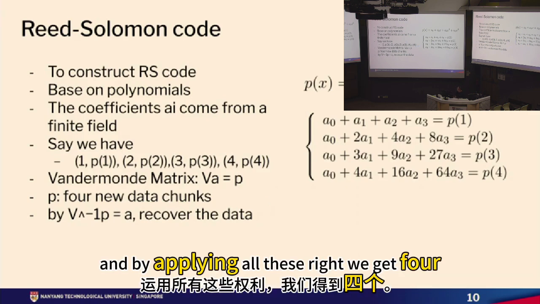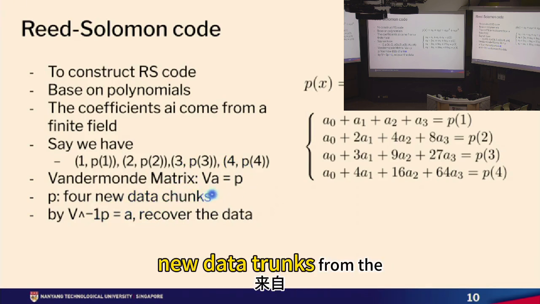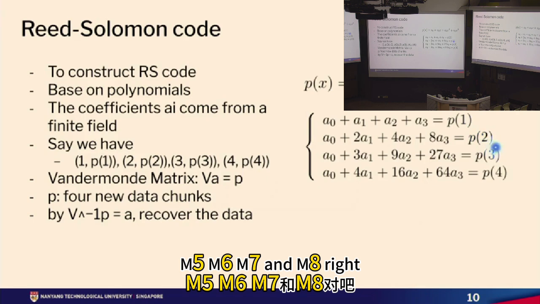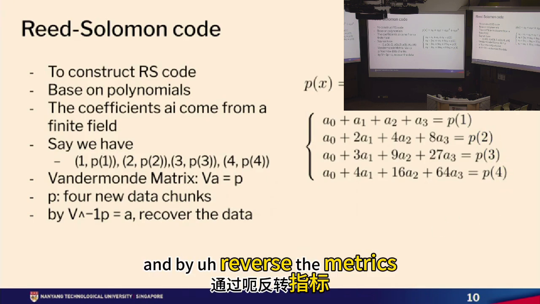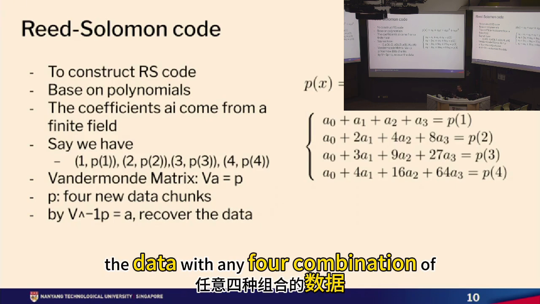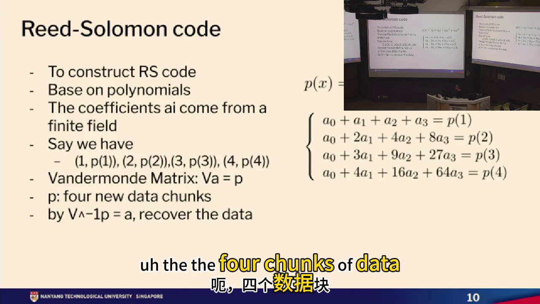By applying all these, we get four new data chunks that become M5, M6, M7, and M8. And by inverting the matrix, we are able to recover the data with any combination of four chunks of data.